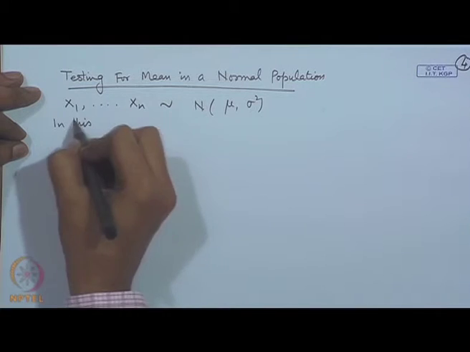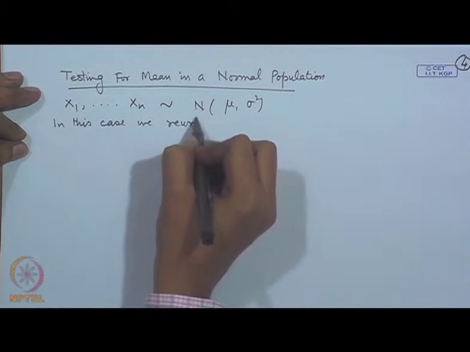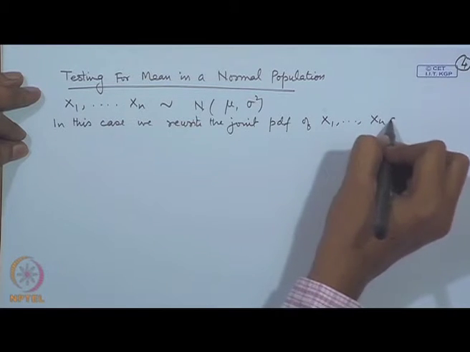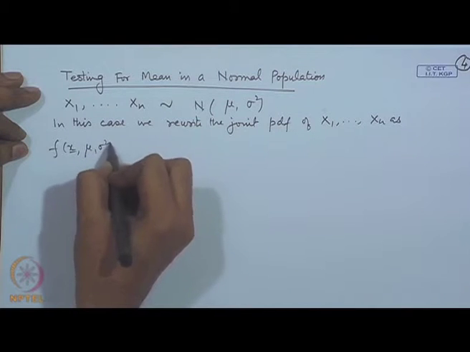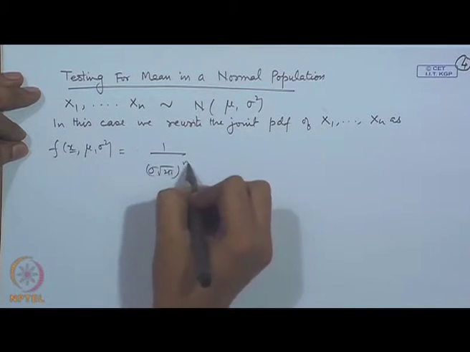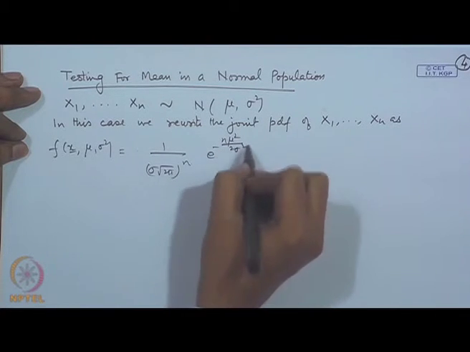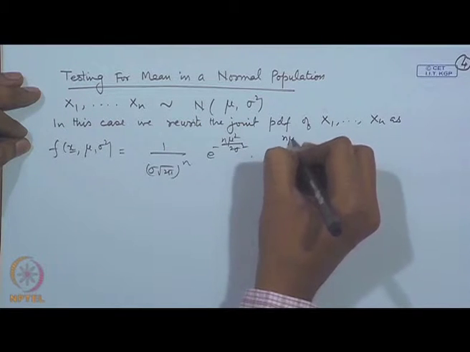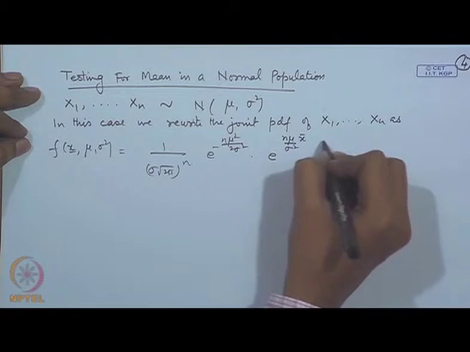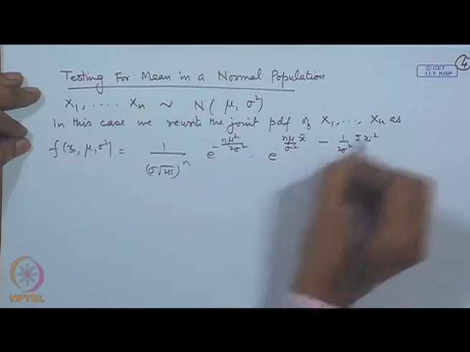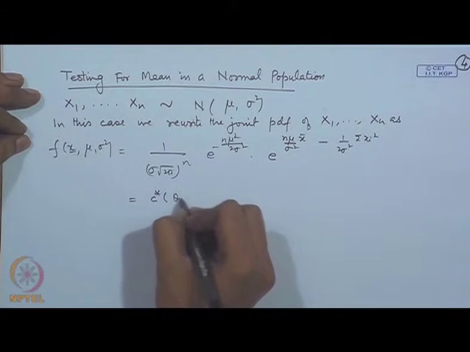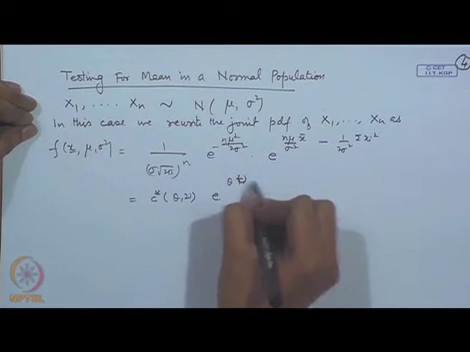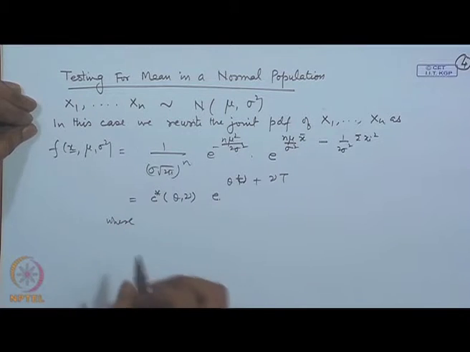Now, in this case we rewrite the joint PDF of x1, x2, ..., xn as e to the power minus n mu square by 2 sigma square, e to the power n mu x bar by sigma square minus 1 by 2 sigma square sigma x i square, and this I call C star theta nu, e to the power theta U plus nu T. Now, here I have changed the roles.